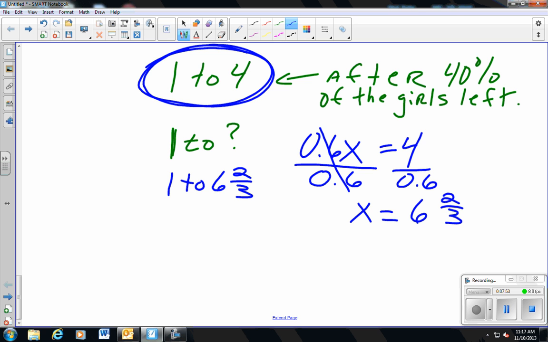Now, we obviously can't have 2/3 of a girl there. We want that to be a whole number. So you have to figure out, what can I multiply 6 and 2/3 by to get a whole number? Well, if you multiply by 3, that will happen. 6 and 2/3 times 3 gives you the whole number 20.